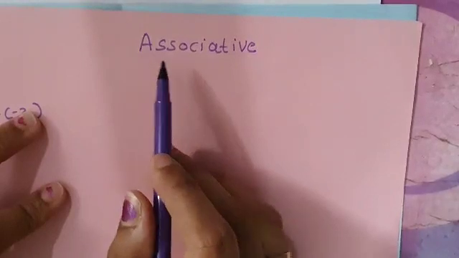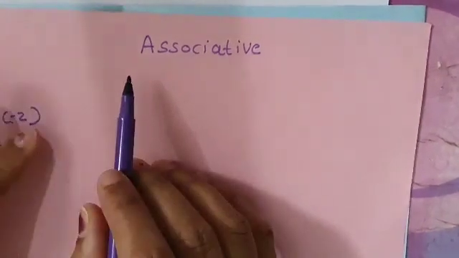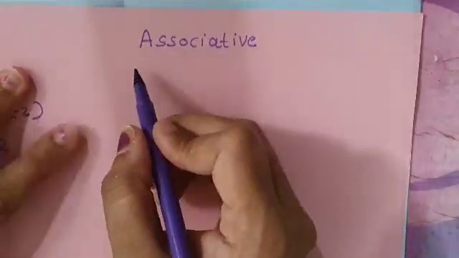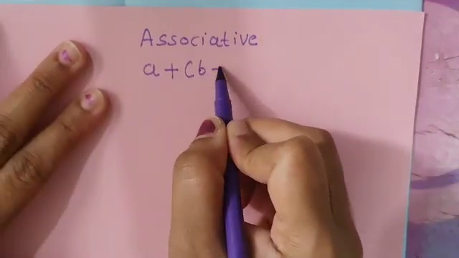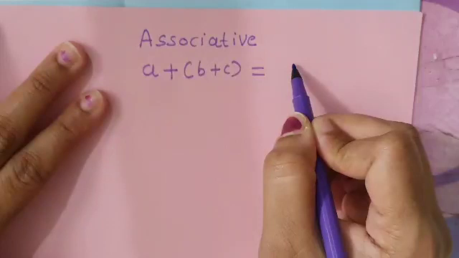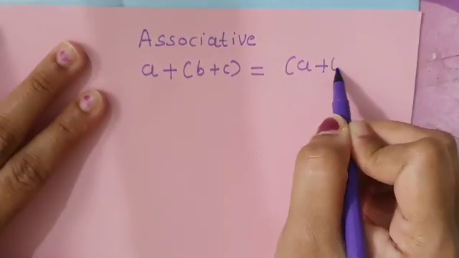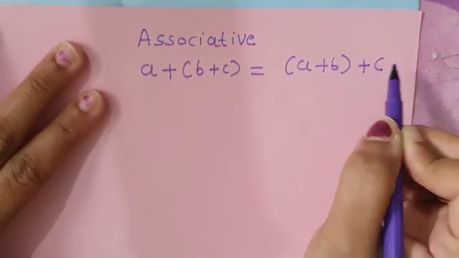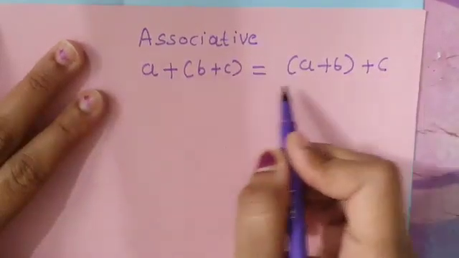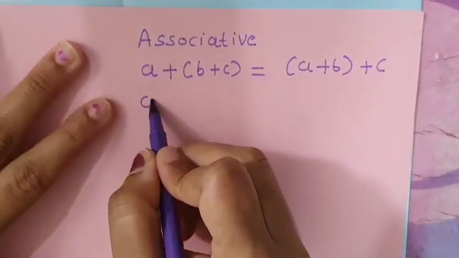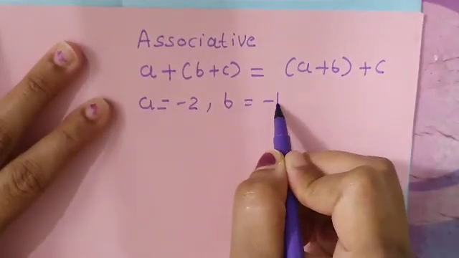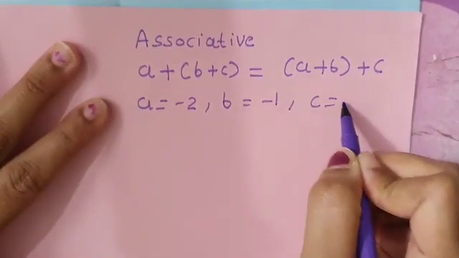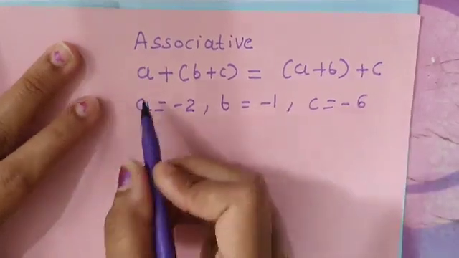Now let's check this associative property for negative numbers addition. The statement is A plus (B plus C) is equal to (A plus B) plus C. Now let's assign some values to this A, B and C. If A is equal to -2, B is equal to -1, C is equal to -6.